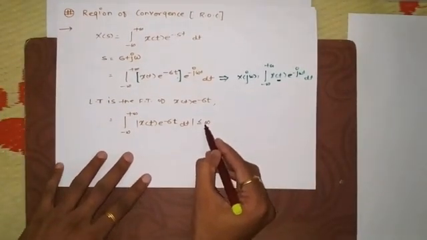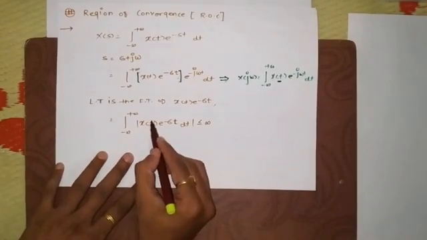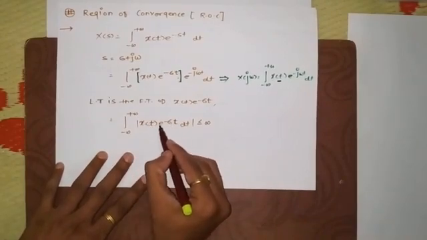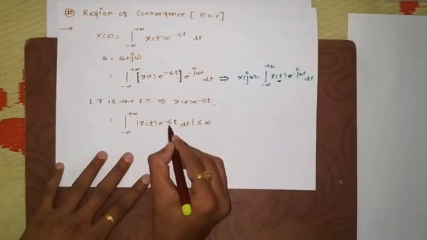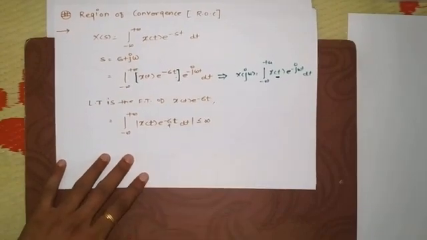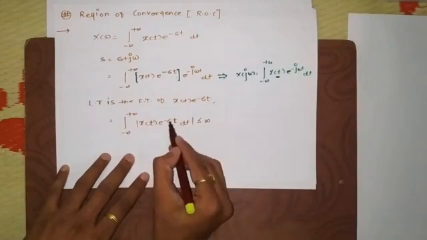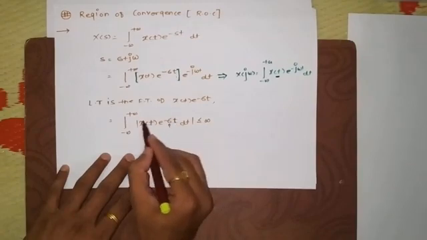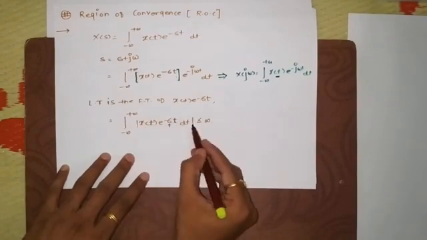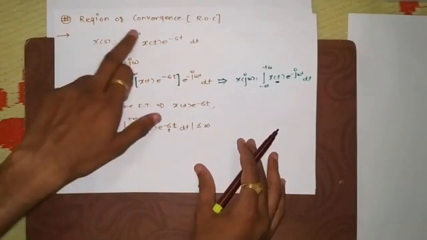Now this can be possible. See, x of t is the input signal, it will definitely be finite. The exponential term depends entirely upon sigma's value. If sigma is positive, this becomes less than infinity, and if sigma is negative, minus minus becomes plus. The range of sigma, all values of sigma for which this condition can be satisfied, is simply known as the region of convergence.